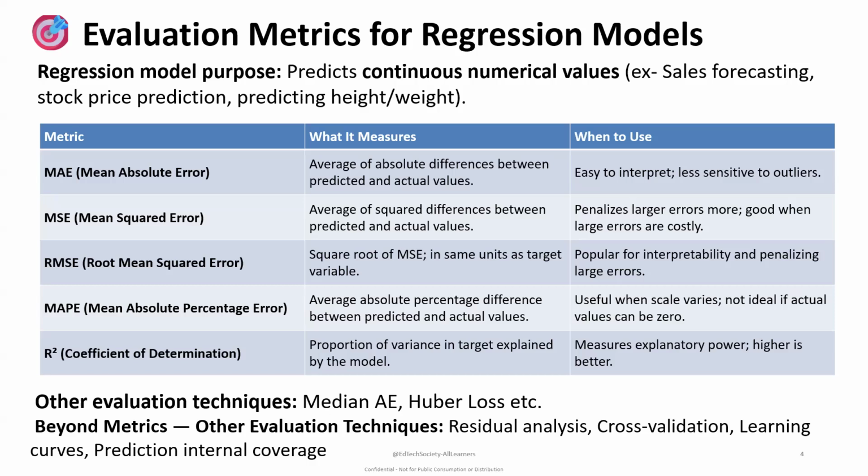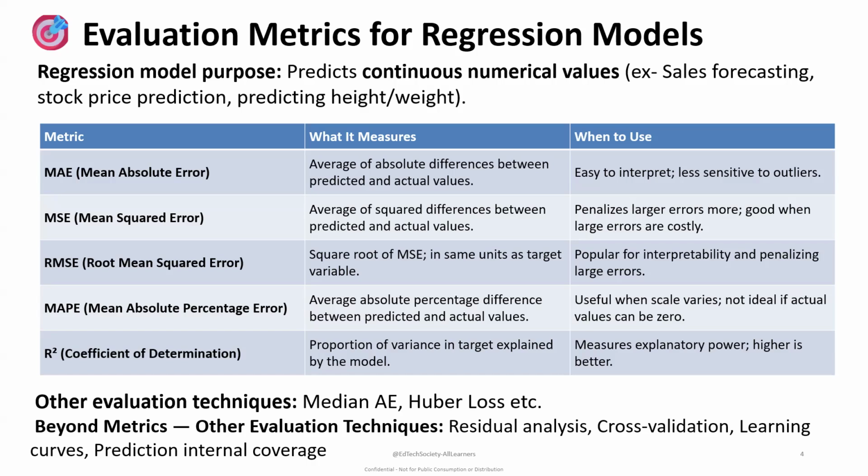Suppose you want to penalize larger error, okay, then if any model is giving very huge error and you want to penalize it, then the metric by which AWS can understand that is MSE or mean squared error.